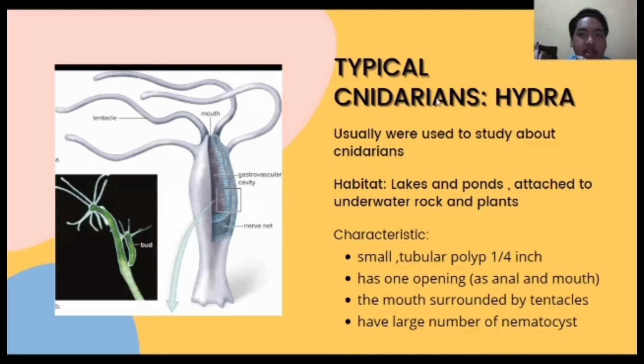It is small and has the shape of a tubular polyp. It has one opening that acts as an anus and mouth. The hydra's mouth is surrounded by tentacles, and it has a large number of nematocysts.